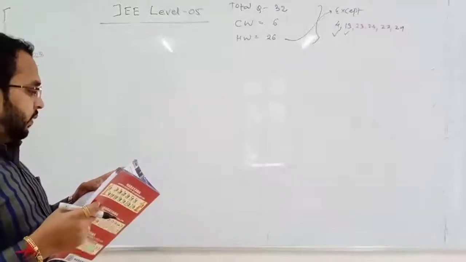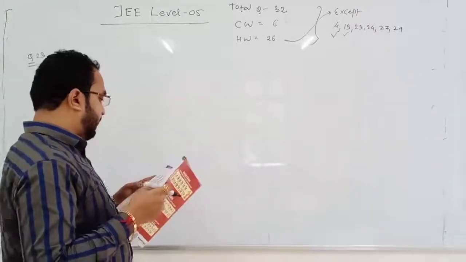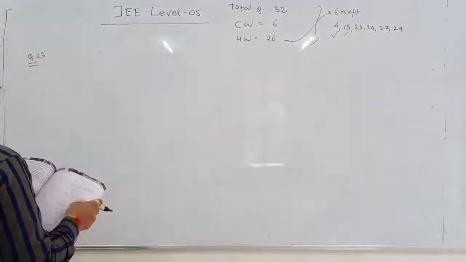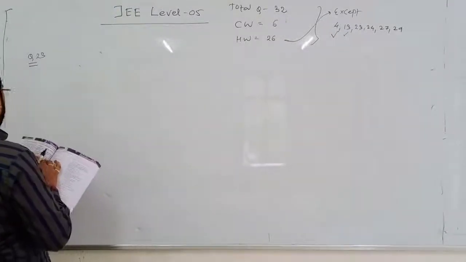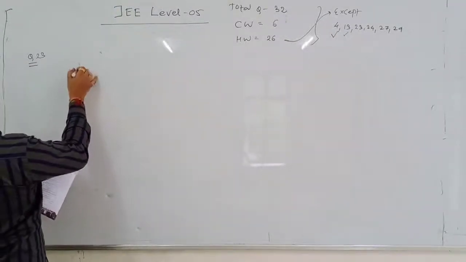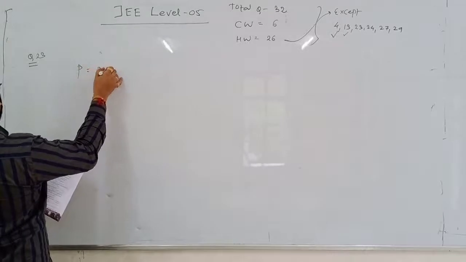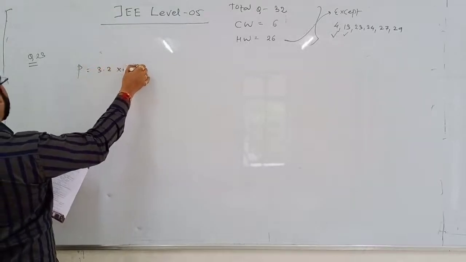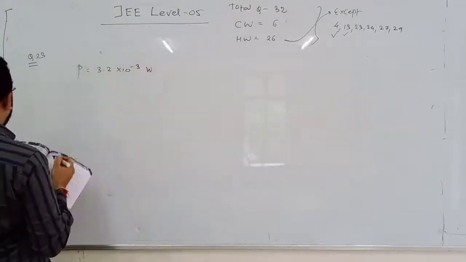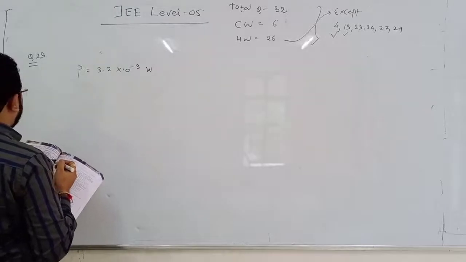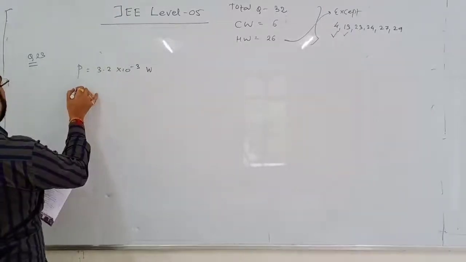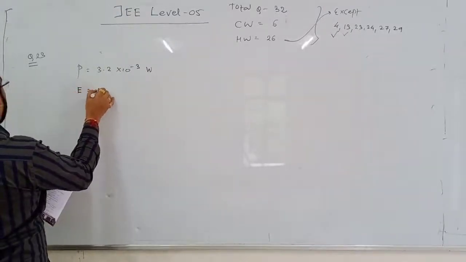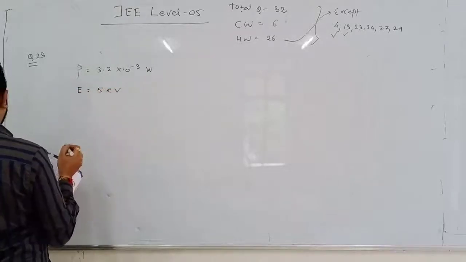Okay, in a photoelectric effect setup, a point source of light of power 3.2 into 10 raised to the power minus 3 watt emits monoenergetic photons, and the energy of the photon is given as 5 electron volt.